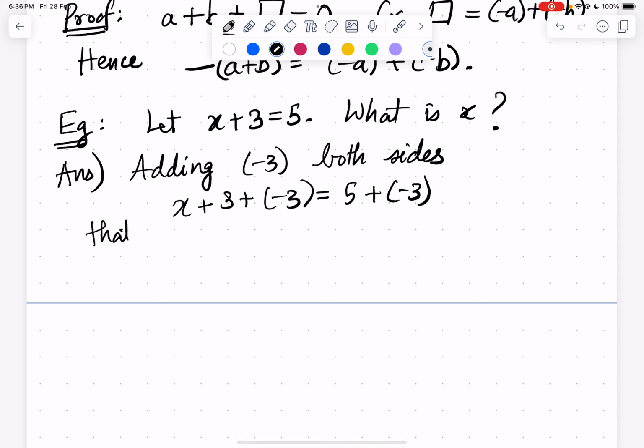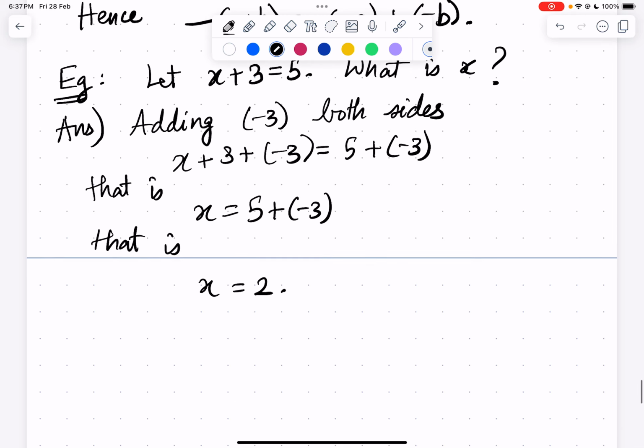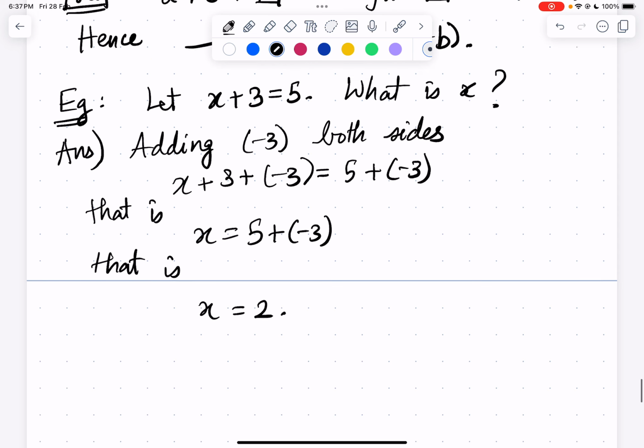That is, x equals 5 plus minus 3. That is, x equals 2. So if we begin with x plus 3 equals 5, by adding minus 3 both sides, we get that x equals 2. Hence x equals 2.